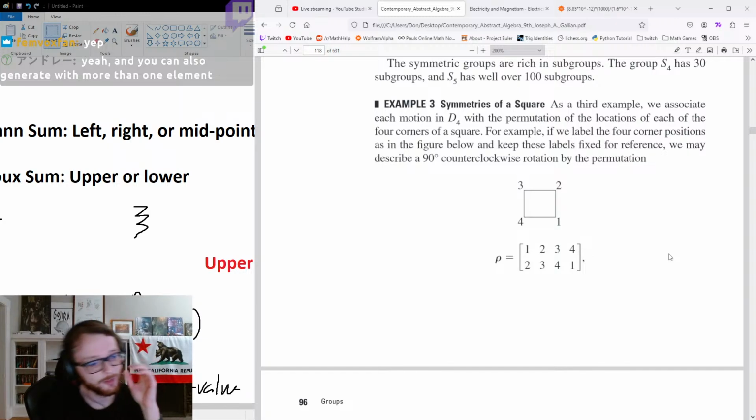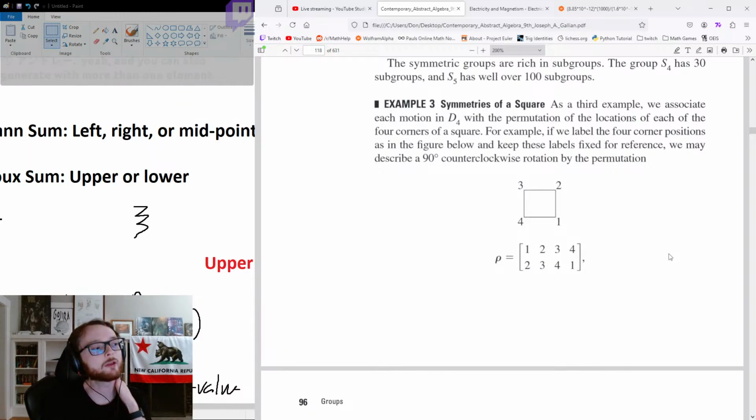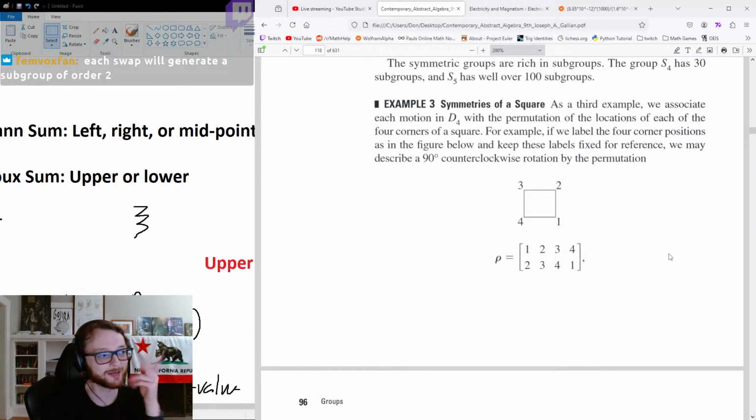And you can generate more than one element. Fair. Wait, if you take a swap and compose it with itself, yeah, that's only order 2. Okay. It's more if you compose it with other swaps. Because otherwise you're just going back and forth, like you're switching the 2 and the 1 back and forth infinitely or whatever.